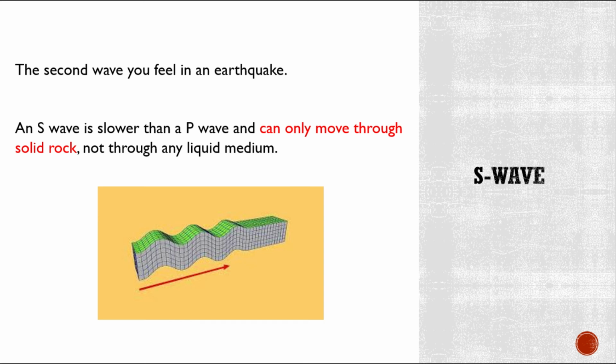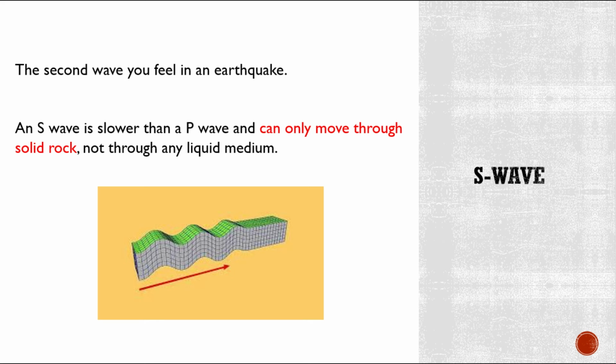Let me proceed to the second type of seismic wave. We have the S wave or the secondary wave. It is the second wave you feel in an earthquake. An S wave is slower than a P wave and can only move through solid rock, not through any liquid medium.